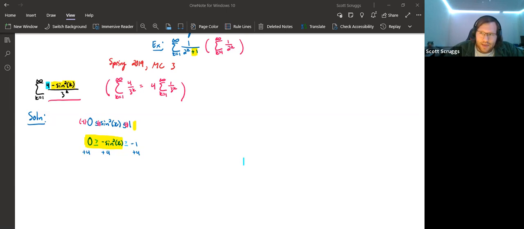So what that tells me is that for me to get to the terms of my series and get that numerator, I'm going to add 4 to everything, giving me 4 greater than or equal to 4 minus sine squared of x greater than or equal to 4 plus -1, so a +3.